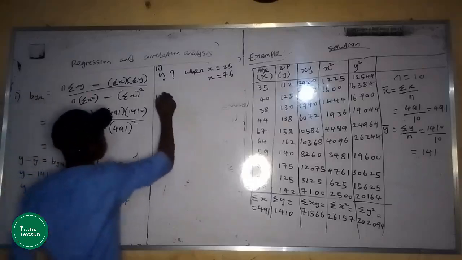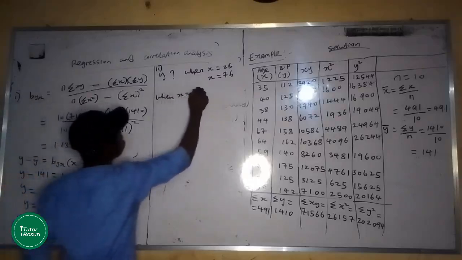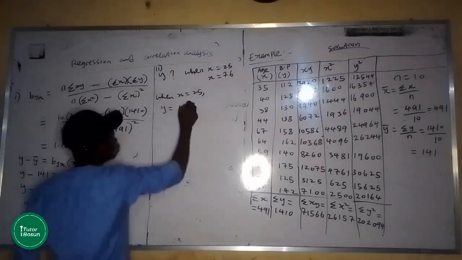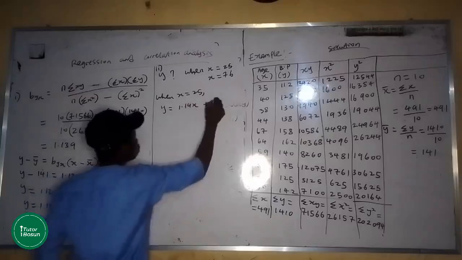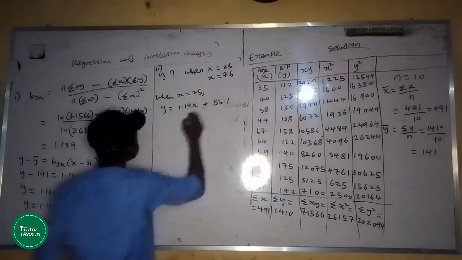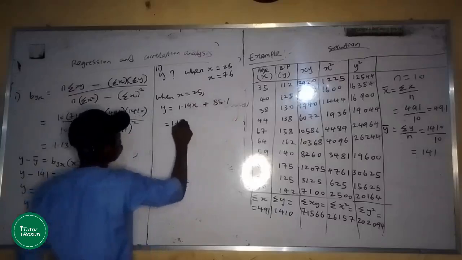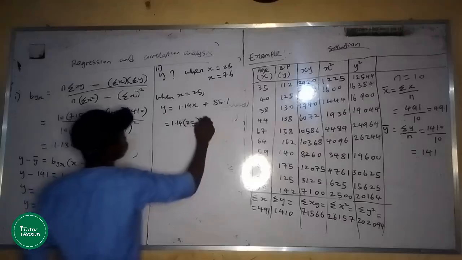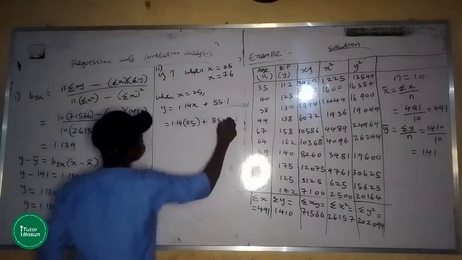So when x equals 25, y equals 1.14x plus 85.1, and that equals 1.14 into 25 plus 85.1.